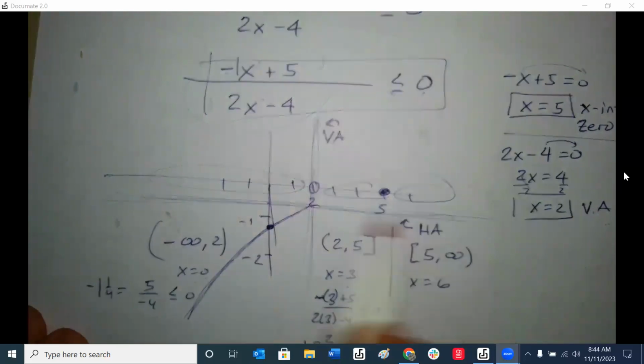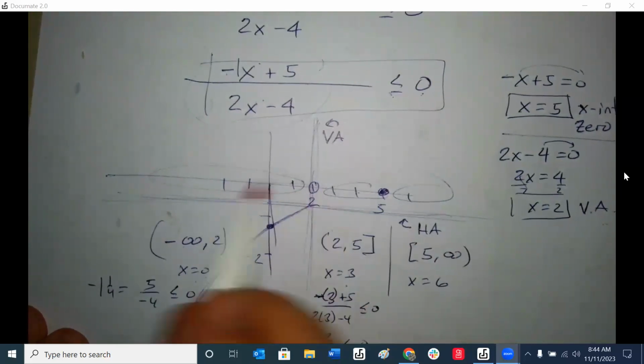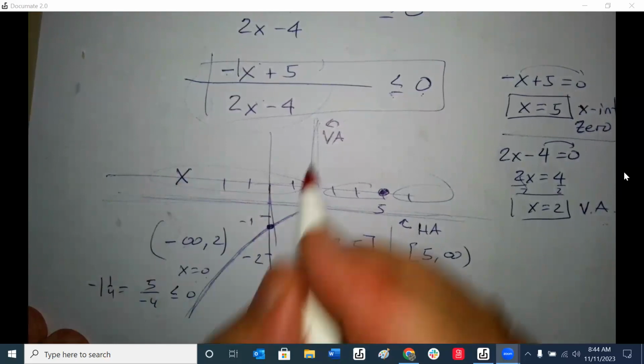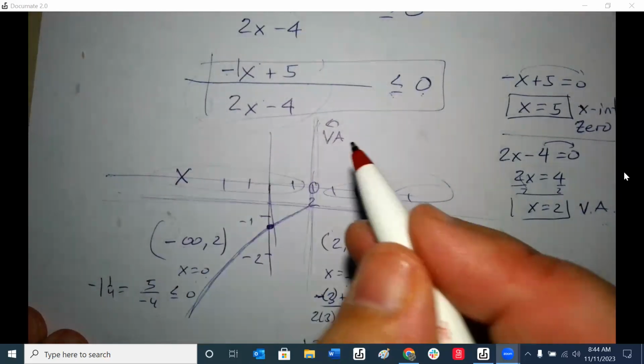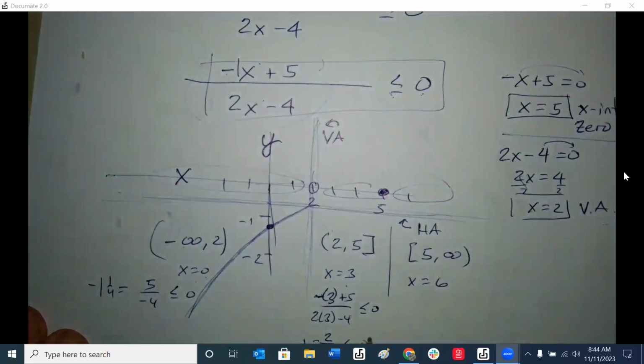If I had colored pens, this is my x-intercept, my x-axis. This is x-axis. This is my y-axis. So when x is 0, y is -1 1/4.